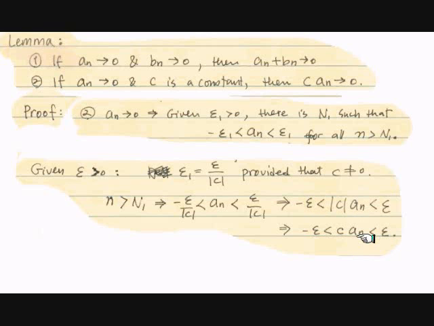So we can even lose that absolute value after we multiply by that positive number. So this is true. Given epsilon, there is this n1, which came from the property that a_n is approaching 0. Then we showed that c times a_n is in between epsilon and negative epsilon. If you think about it, that's exactly the definition of the limit approaching 0.